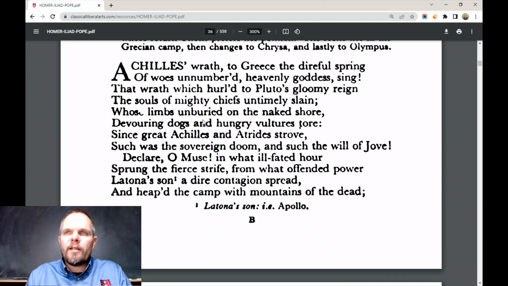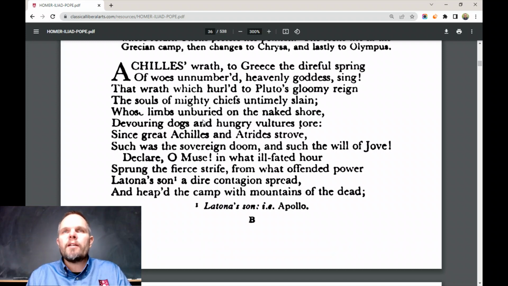And we read here, Homer tells us that this terrible suffering of these mighty chiefs of the ancient Greek world was the will of Jove for some reason. It was the will of Jove that these men be destroyed as a result of a strife or a quarrel between Achilles and Agamemnon.